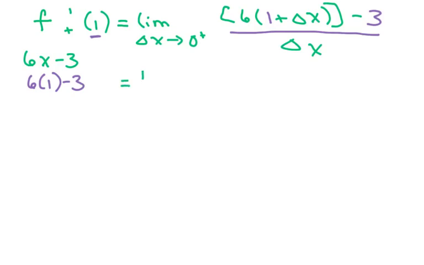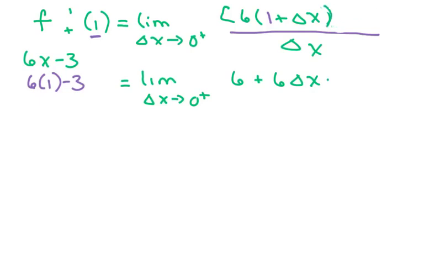So we're going to clean this up a bit. That's going to give you 6 plus 6 delta x minus 3. Oh, I should have put minus 3 up here. Sorry about that. So this could be minus 3, and this is your positive 3, so it's minus a positive 3.